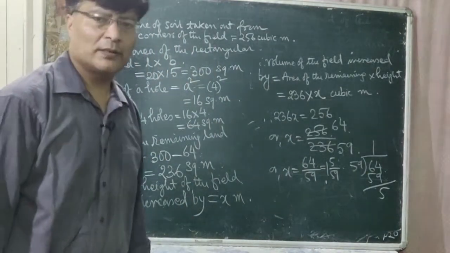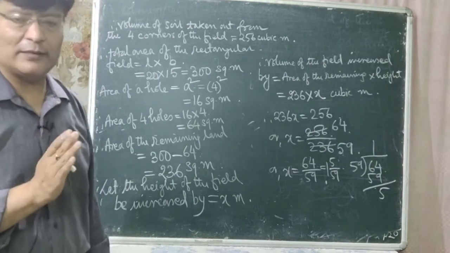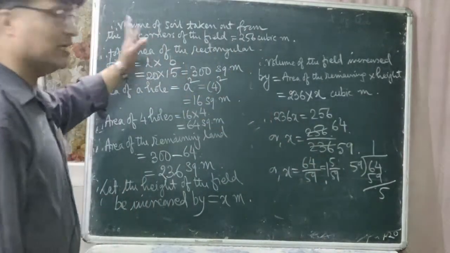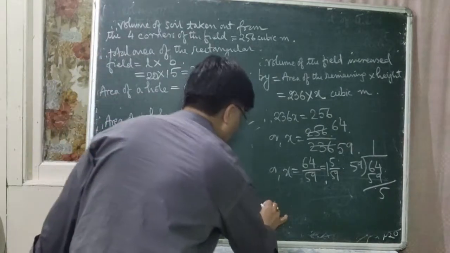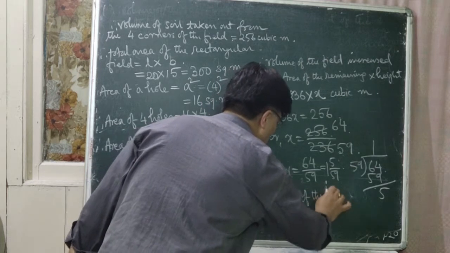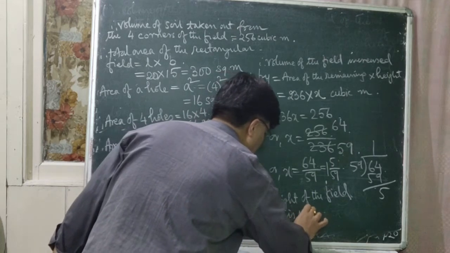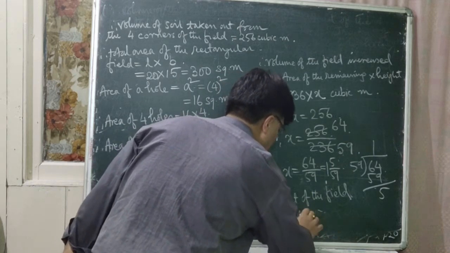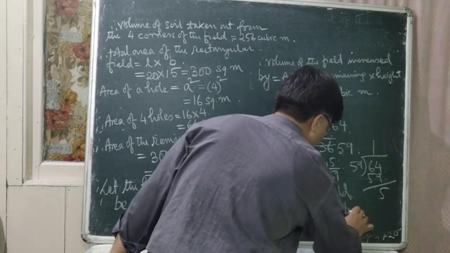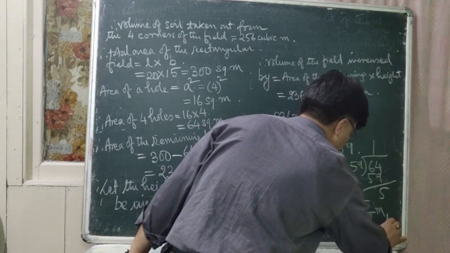What was x? The height of the field that is increased by. So the height of the field that is increased by is equal to 1 whole number 5 by 59 meter. So therefore, write down the answer: height of the field that is increased by is equal to 1 5 by 59 meter.